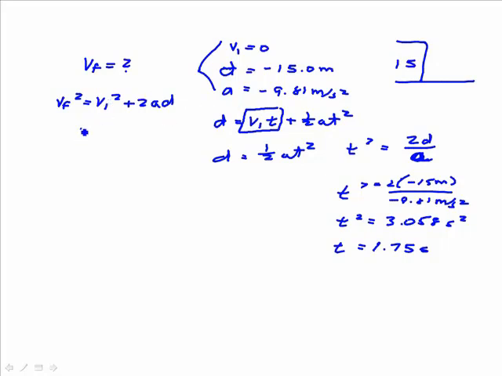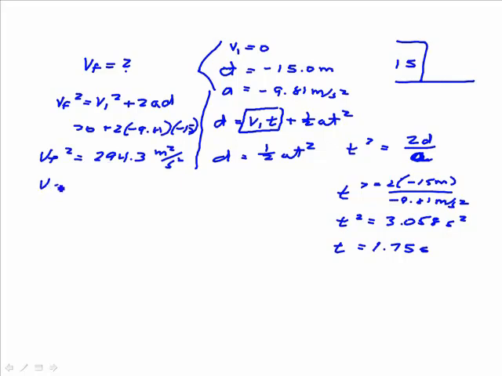And so, of course, again, initial velocity is 0 plus 2 times negative 9.81 times negative 15 gives us the final velocity squared is 2 times 9.81 times 15, which gives me 294.3. So we have 294.3 meters squared per second squared, and that's v_f squared, so v_f is going to be the square root of that.